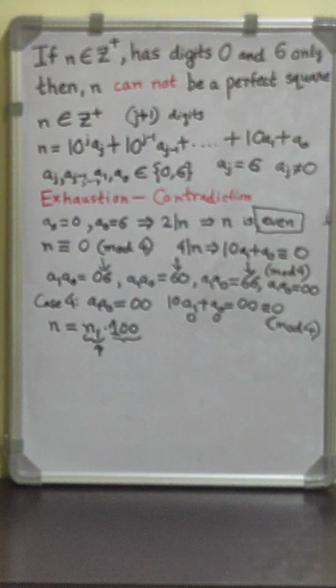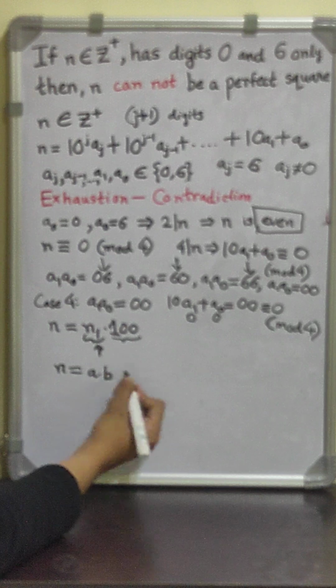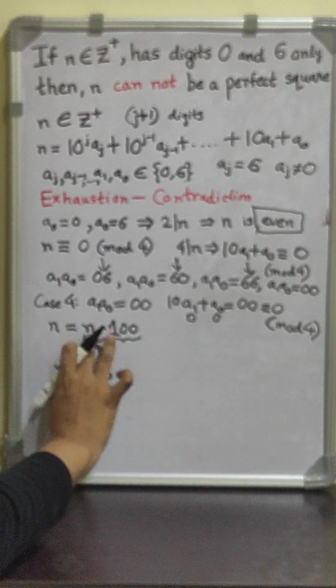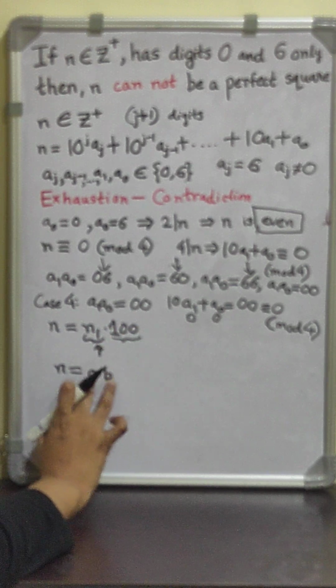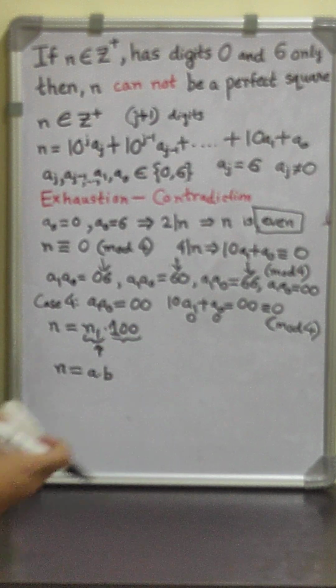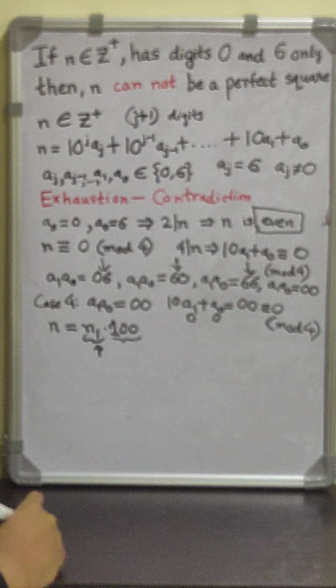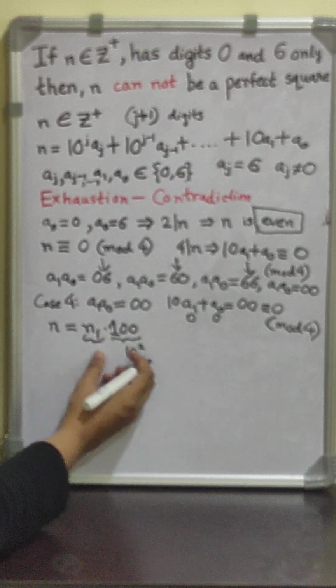But as I've discussed in another video, if n is a perfect square and we factor it as a times b, in this case a is n1 and b is 100, then a and b are either perfect squares together or none of them are perfect squares. Interesting, right? So 100 is a perfect square, 10 squared. So what about n1?